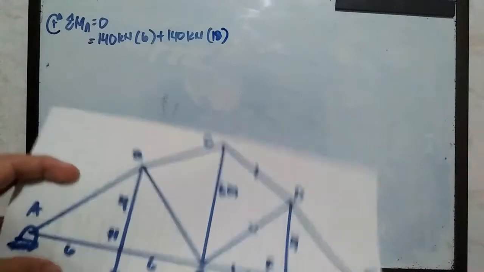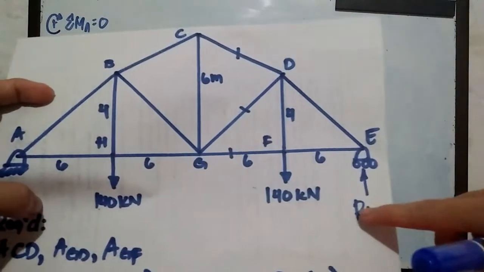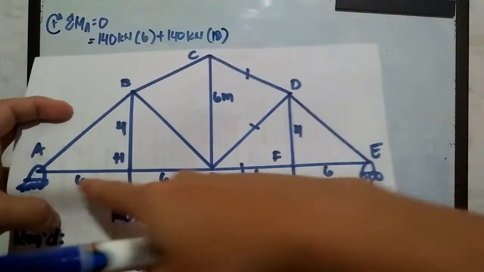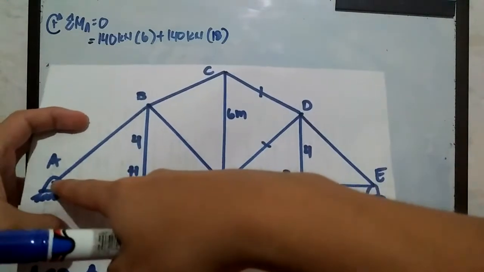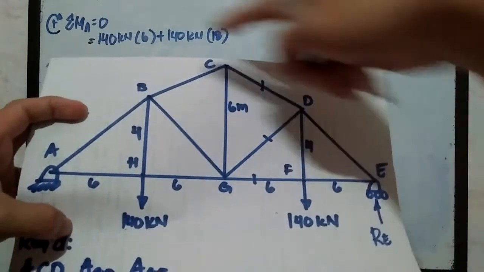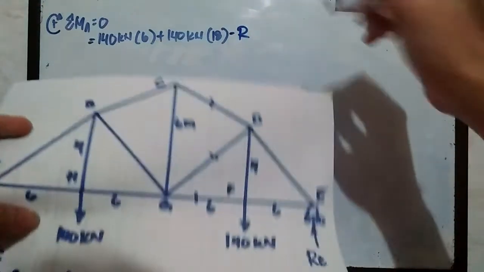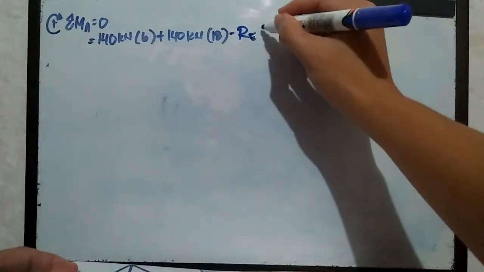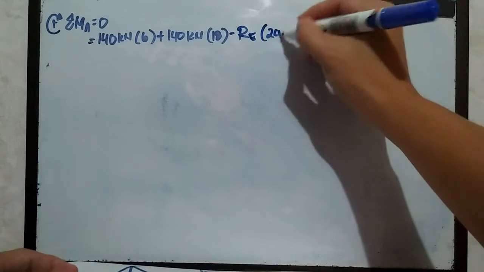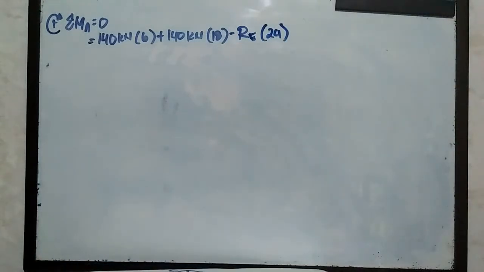Let's retain first the sign. And last but not least, we have R sub E, which is 24 meters away from point A. It's going to rotate counterclockwise, so that's why it's negative R sub E multiplied by the perpendicular distance equal to 24.